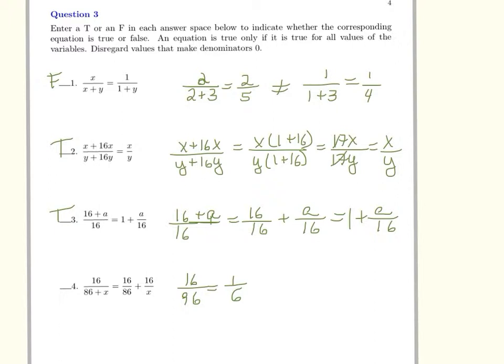Yeah. And then the right-hand side would be 16 over 86 plus 16 over 10. And well, you can see the right-hand side is bigger than 1, so it can't possibly be equal to 1/6. So this is going to be false.